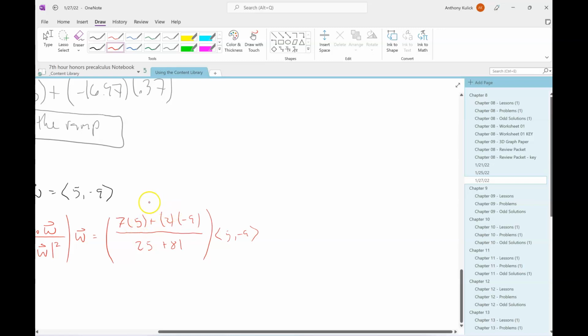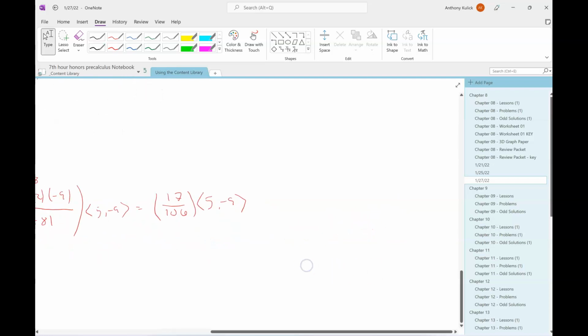So what do we have here? 35 minus 18. So that is 17 over 106. So 5 times 17 is 85 over 106.